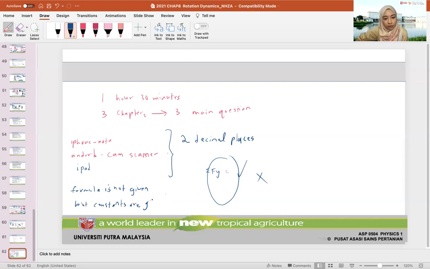For example, does chapter 3 have a constant? Chapter 4, chapter 5. Chapter 5 what? Chapter 5 impulse. There isn't any, right? No constant. Okay, yeah. There's no constant. But if there is, it will be on the exam. I mean, it will be given to you guys in the question. Any other questions?